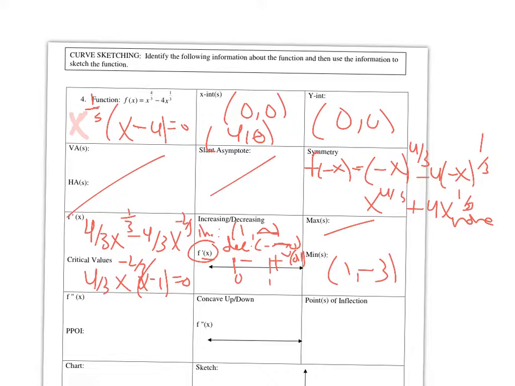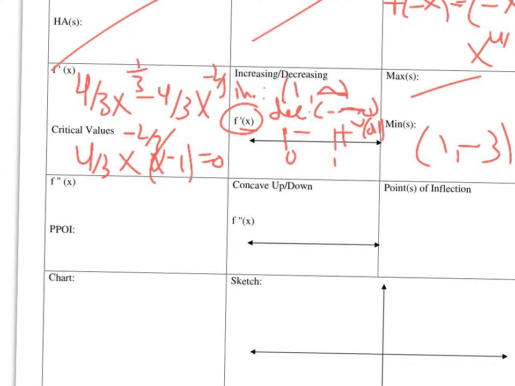Then we take our second derivative, which in this case, we again just have to use the power rule, which is kind of nice. So you end up with 4/9 x to the negative 2/3 plus 8/9 x to the negative 5/3. Okay, so factor out what you think you can. I want you to try this before I give you the answer, so factor out what you can.